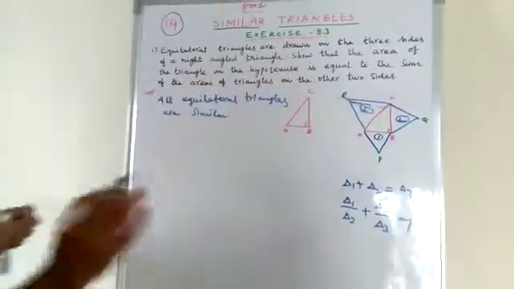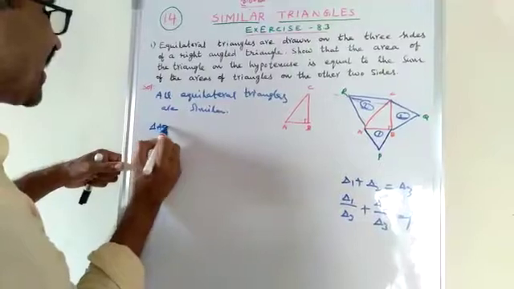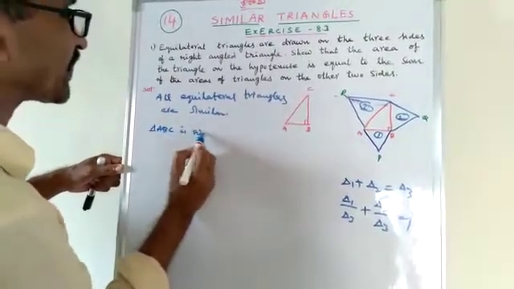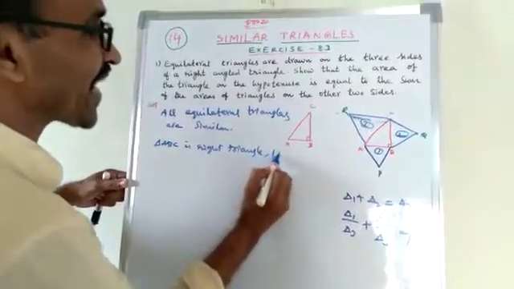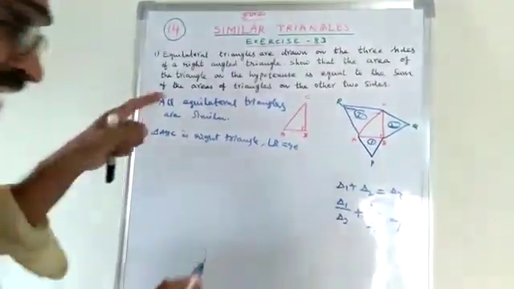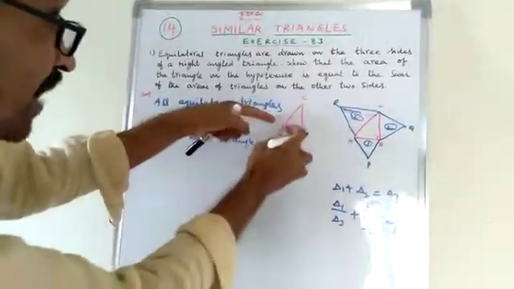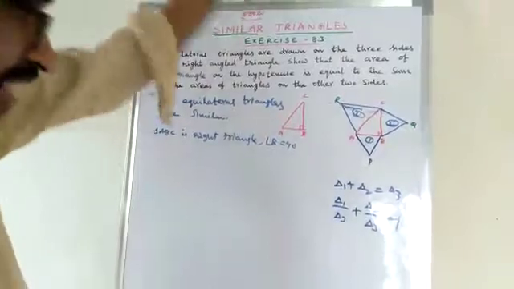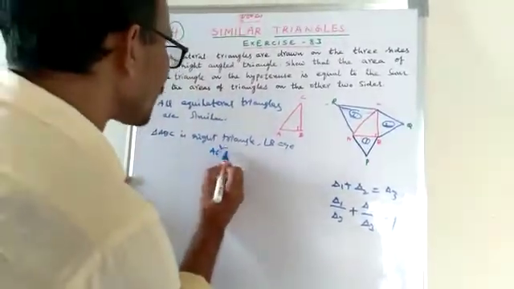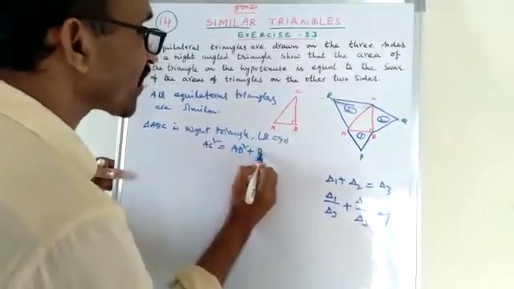So what is triangle ABC? Triangle ABC is a right triangle. Where is the right angle? Angle B is 90 degrees. What is the relation among AB, BC, AC? You know the Pythagoras theorem: the square of the hypotenuse is equal to the sum of the squares of the remaining two sides.